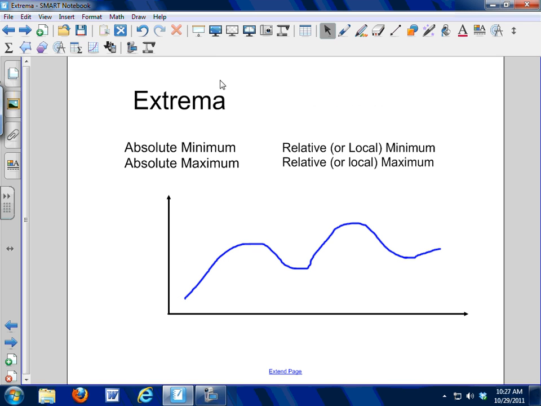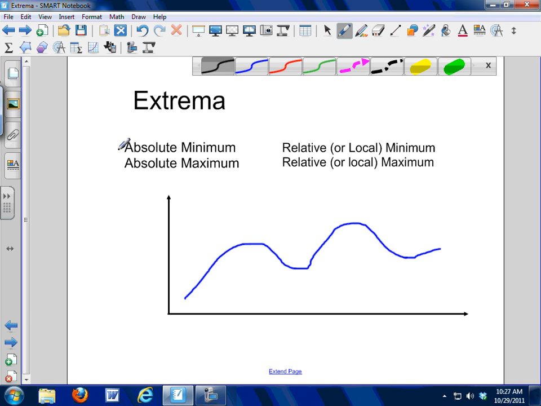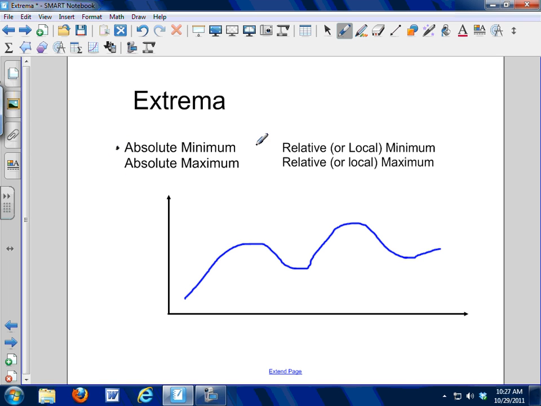There are several kinds of extrema that we want to worry about. We have absolute minimums versus relative or local minimums, and absolute maximums and relative or local maximums. The absolute minimum is the lowest low point on the interval. The highest high point is the absolute maximum.